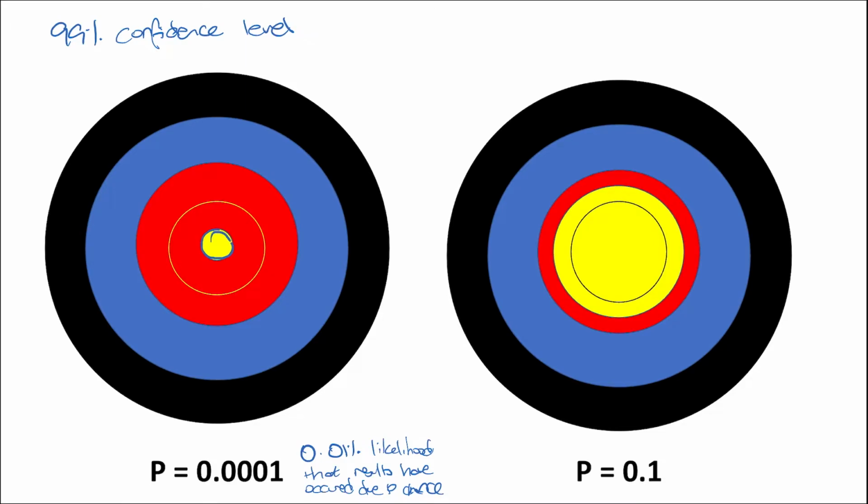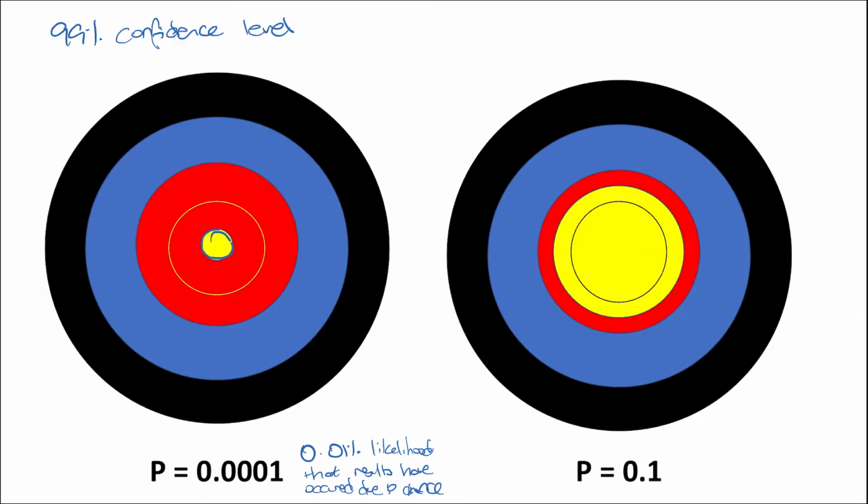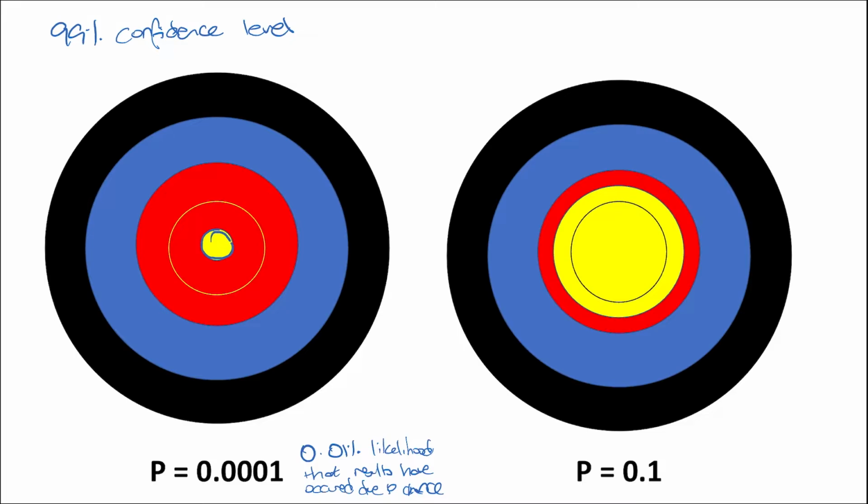Rather than before, when we were accepting only a 95% confidence level, now we're being stricter. We're saying we need to be 99% confident that there is a real difference between these conditions or a real association between covariables. We are leaving very, very little up to chance here. This is going to make it extremely difficult to reject the null hypothesis.